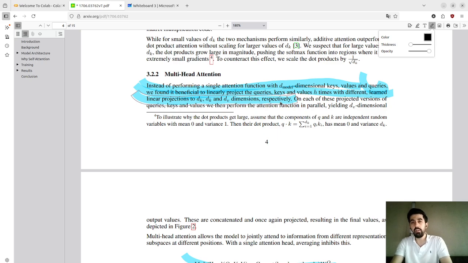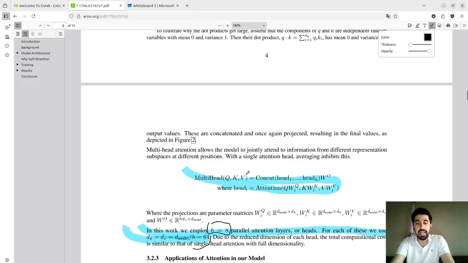Instead of using a size of 512 in these projections, we would use a smaller size, for example 64, and at the end, after we calculate head 1 till head h, where head 1 is like the attention matrix, we concatenate them, and that's how it's done.